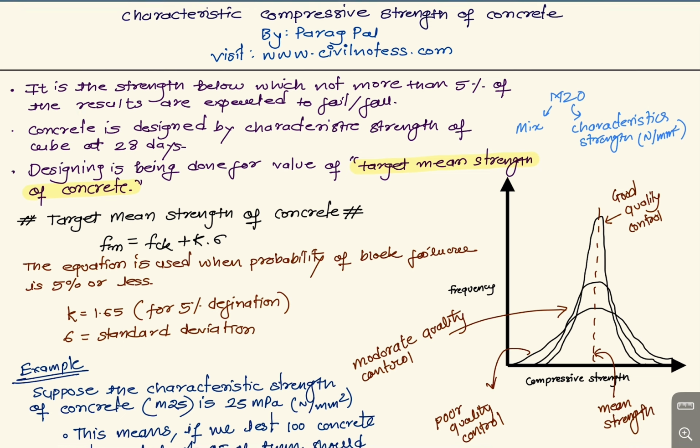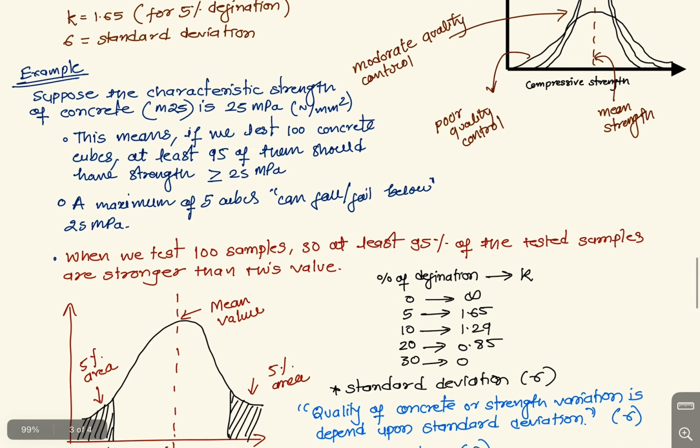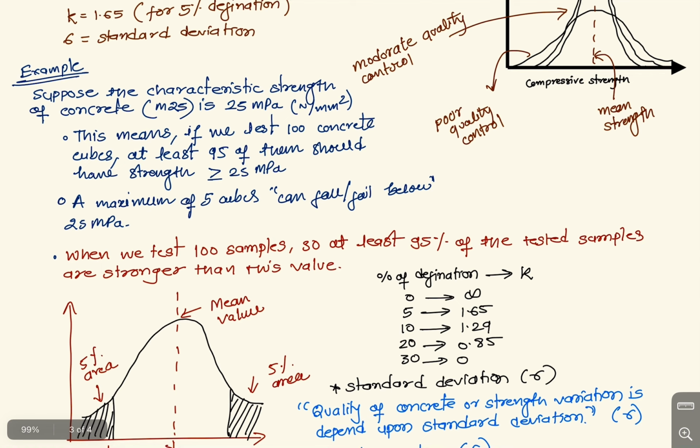Basically, take an example that the characteristic strength of concrete is M25, which is 25 megapascal, and megapascal we can also read as Newton per mm square. This means if we test 100 concrete cubes, at least 95% of them should have strength more than or equal to 25 megapascal.